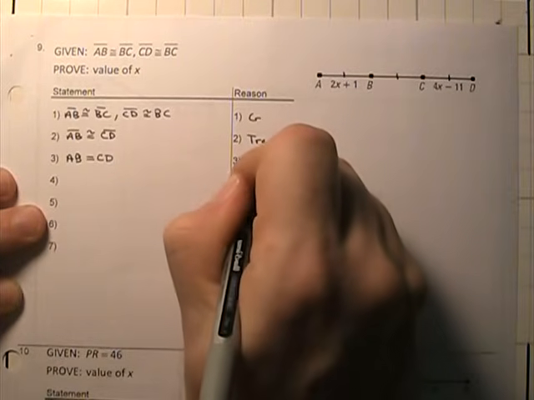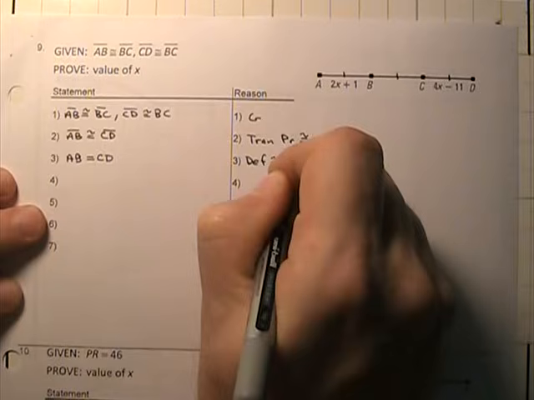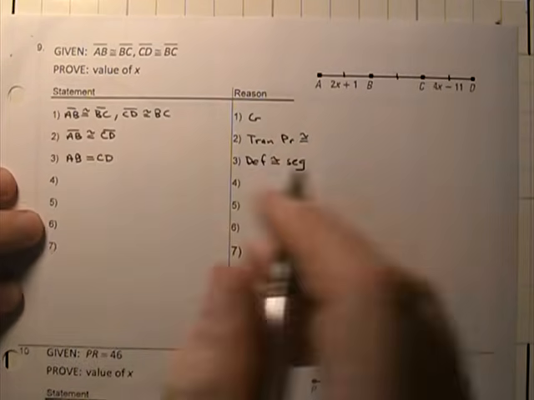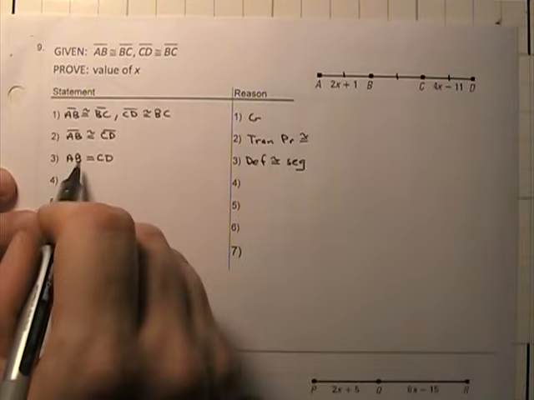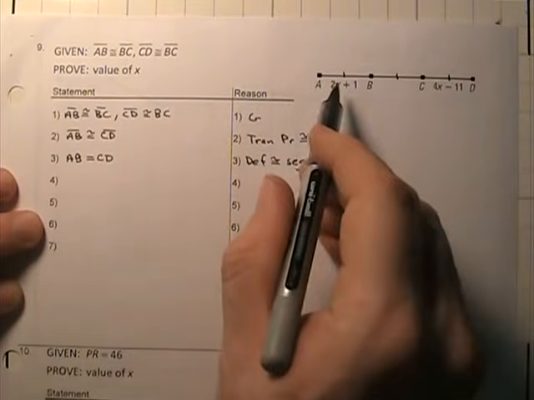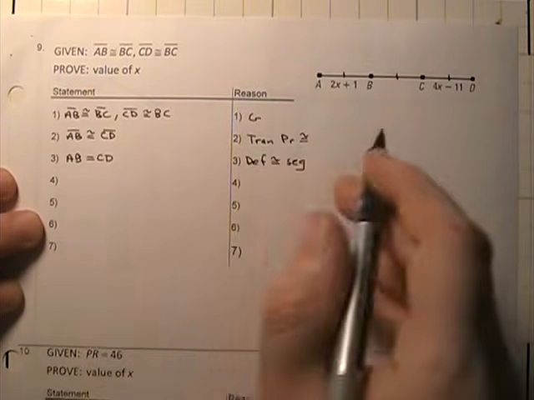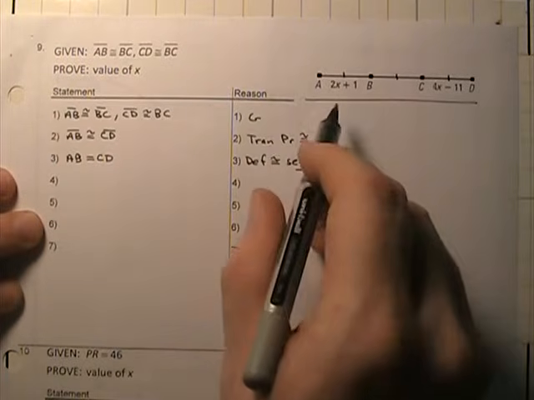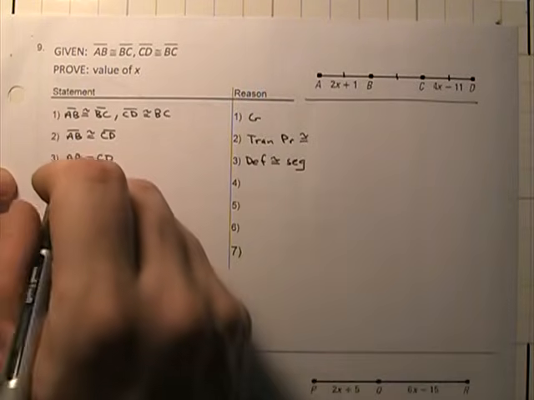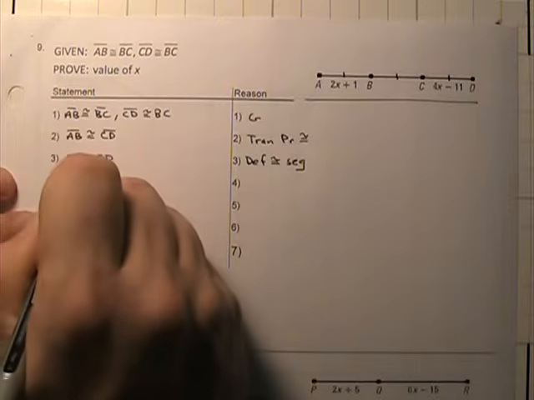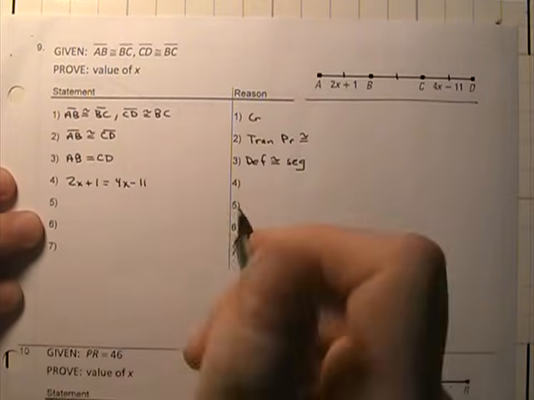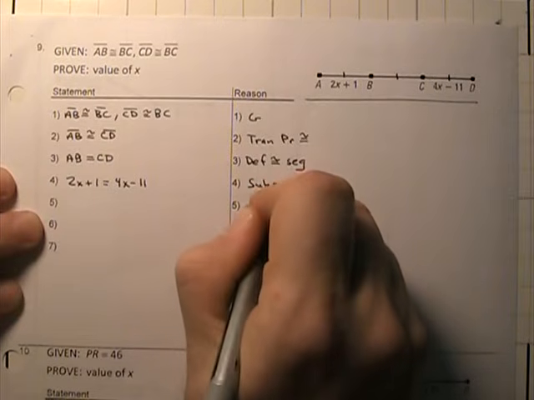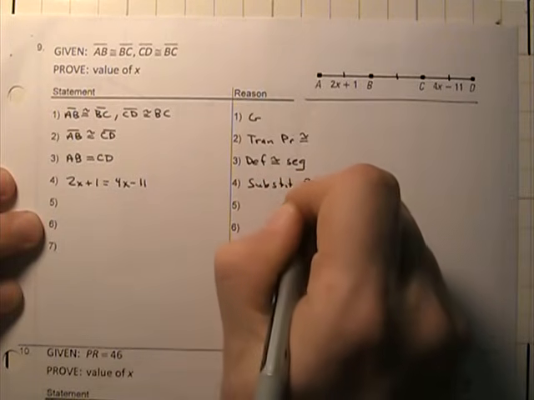This is the definition of congruent segments. And then I want to substitute in these two algebraic expressions. Sometimes people say AB equals this. You don't have to do that. If it's expressly given in the diagram, I'll let you just go ahead and substitute in. So in this case, 2x plus 1 equals 4x minus 11. And that'll just be the substitution property of equality.